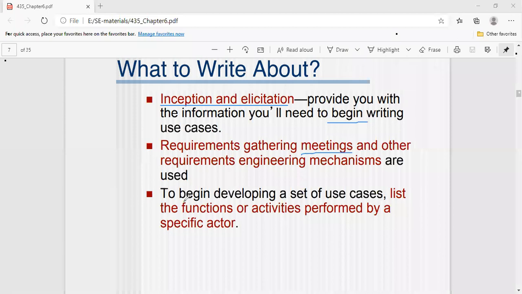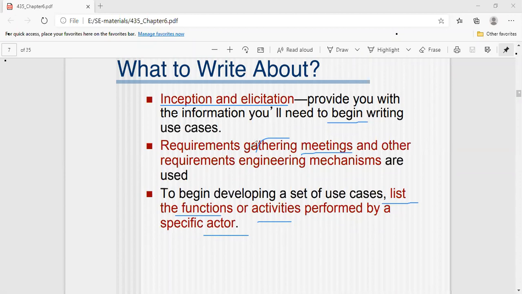If we see the third one, to begin developing a set of use cases, list the functions and activities performed by a specific actor.